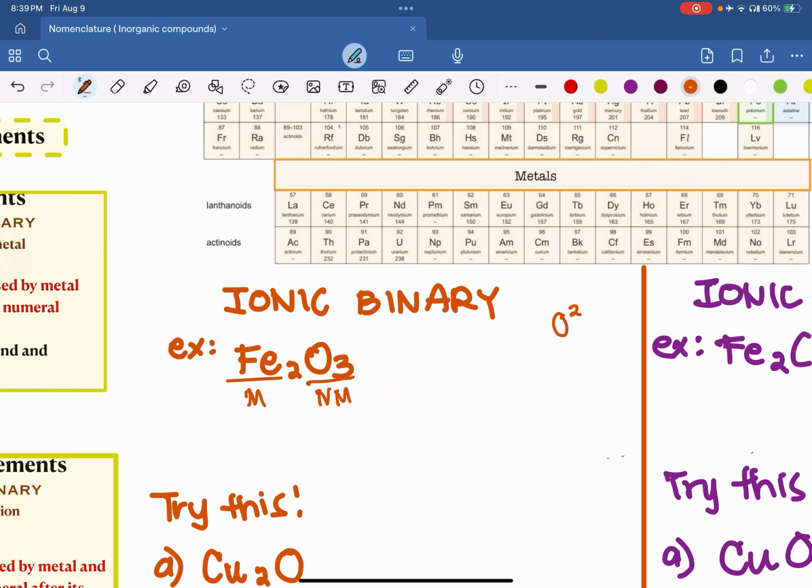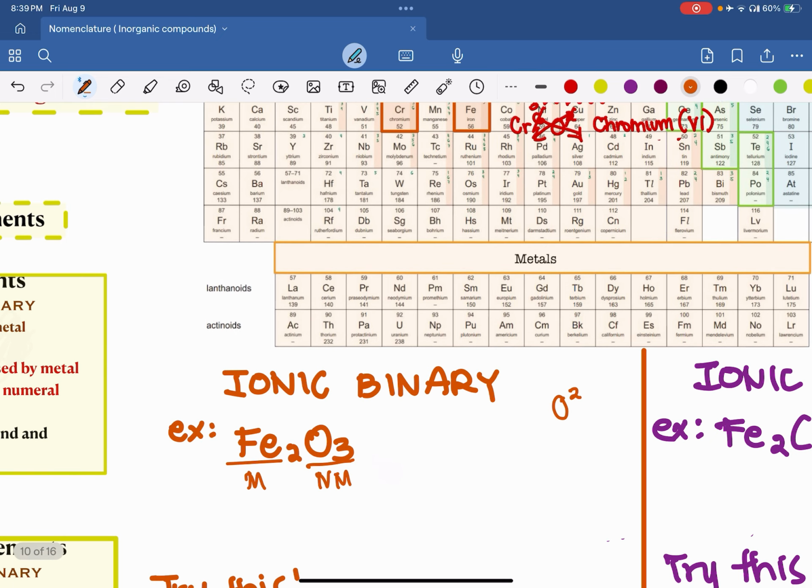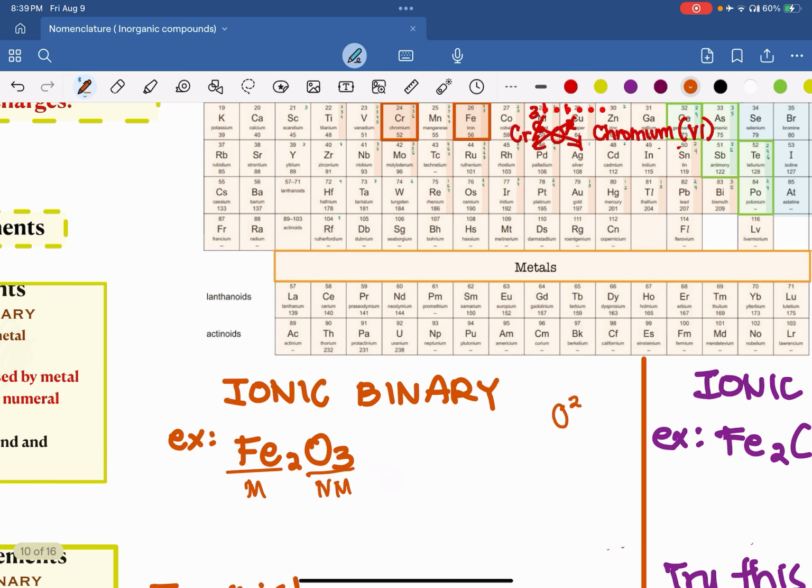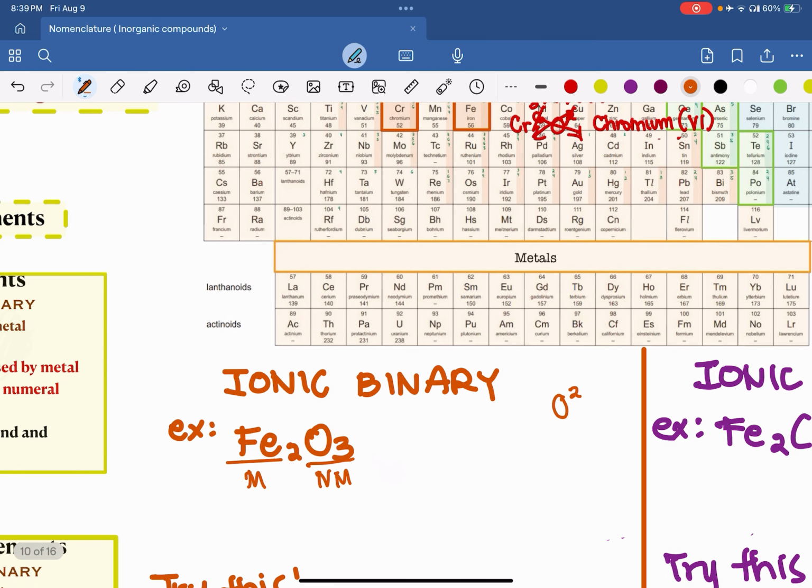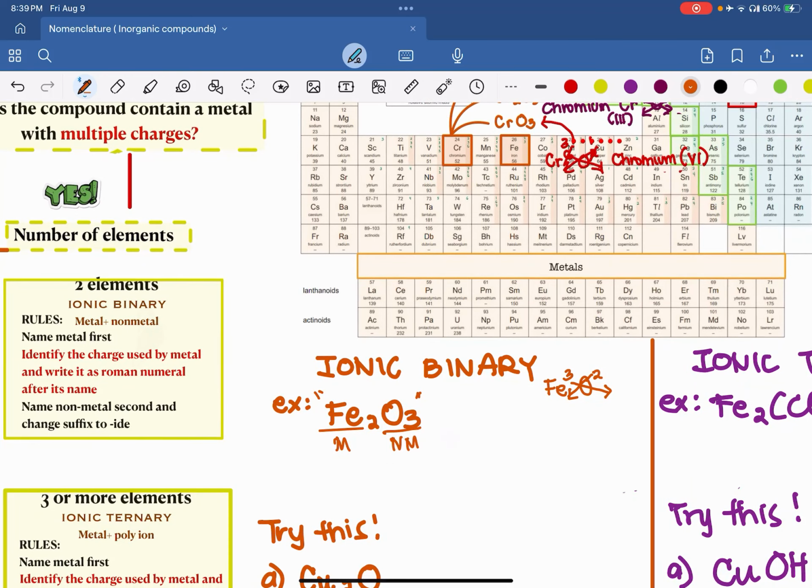So in that case, which do you think was utilized by iron here? Is it 2 or is it 3? To answer this question, I would be utilizing 3. Why? Because if you're going to look at that, you can no longer simplify it, so you can crisscross it, and it will be equal to this. Following the rules of naming, name the metal first.